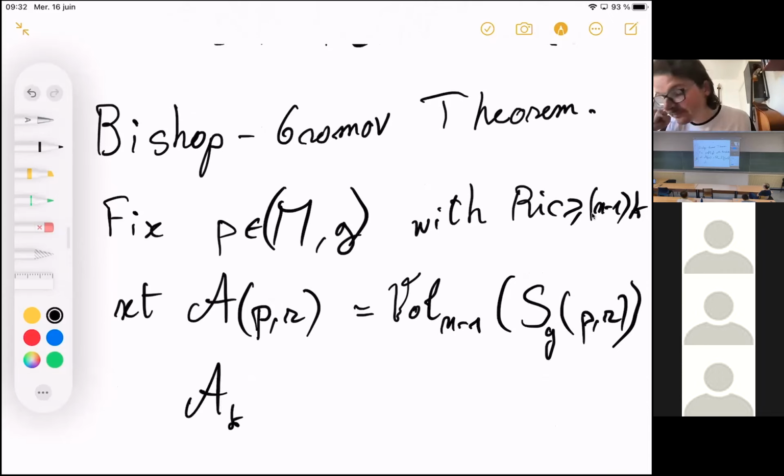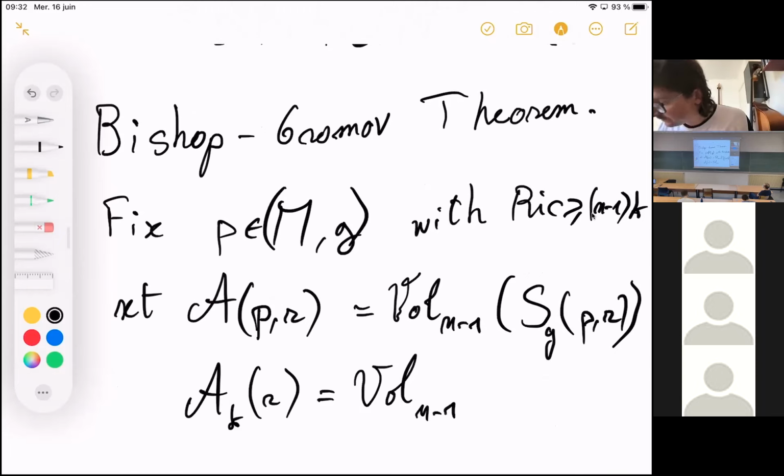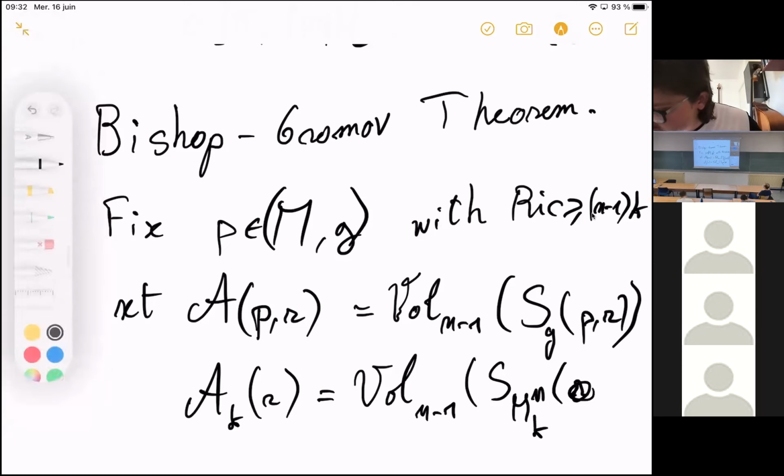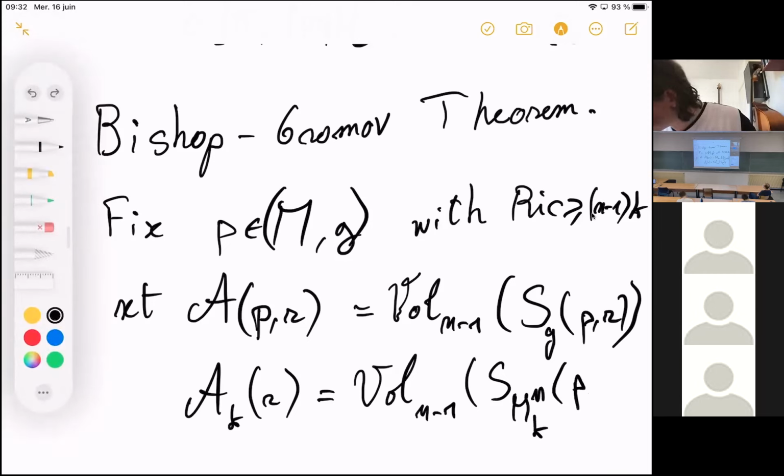And let A_k(r) be the volume of the sphere inside the space form of constant curvature k, centered at any point, and of radius r.